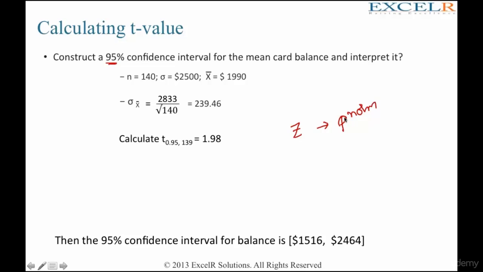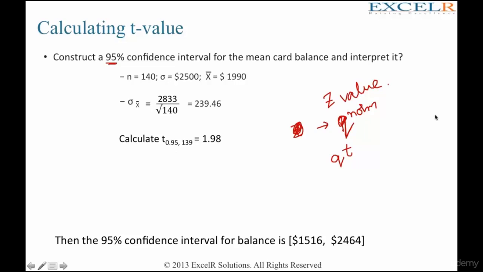So from probability value, if you want to calculate the z value, we use the function called qnorm in R. And if you want to calculate the t value, the function would be qt. Z is standard normal distribution, hence it's normal, qnorm. Here it is t, so qt.